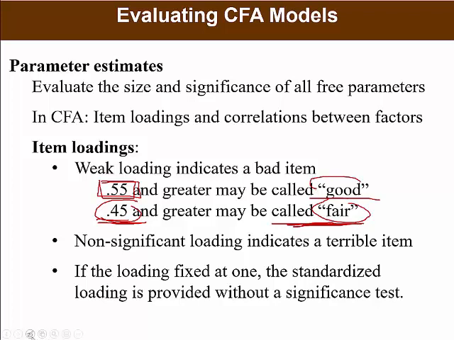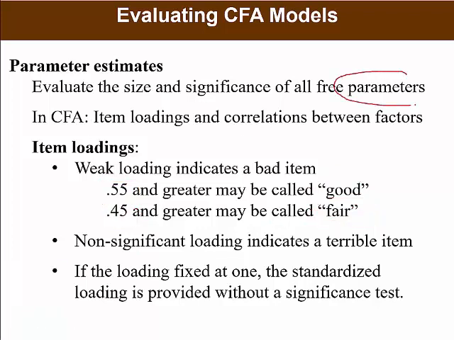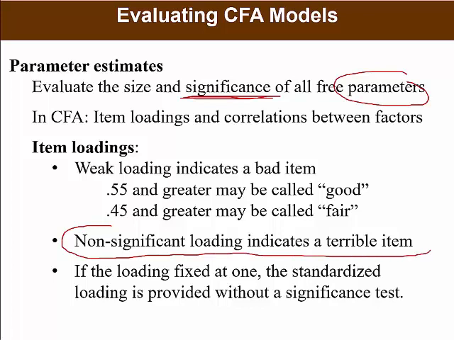Now, when we get our results, we'll get values for what each loading is. Then there will also be a significance test, so we can test whether each loading is significantly different from zero. If you did a significance test and got a non-significant loading, that would be really bad. It's actually fairly rare to have a non-significant item, because we're dealing with fairly strong effects here.